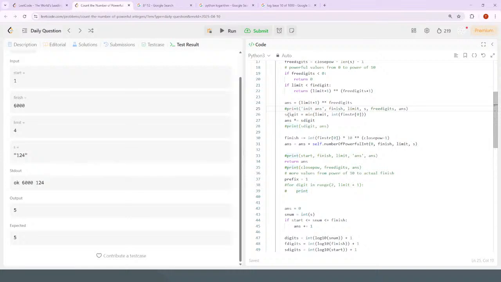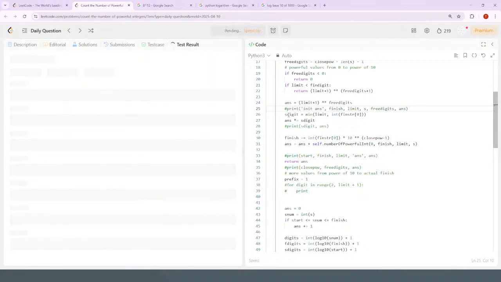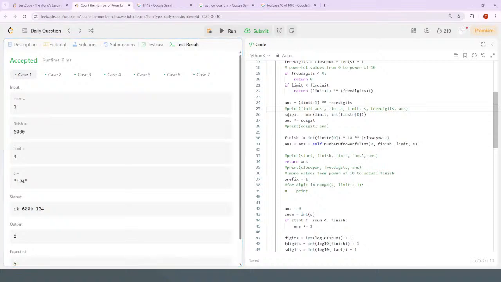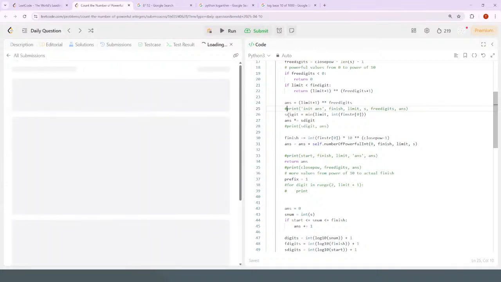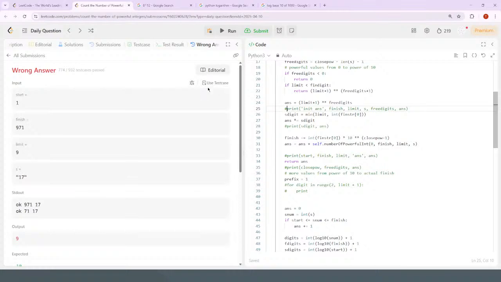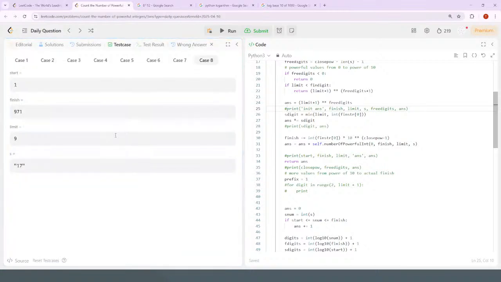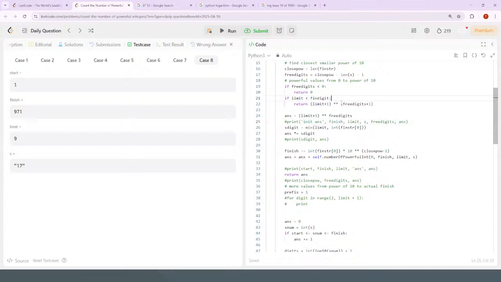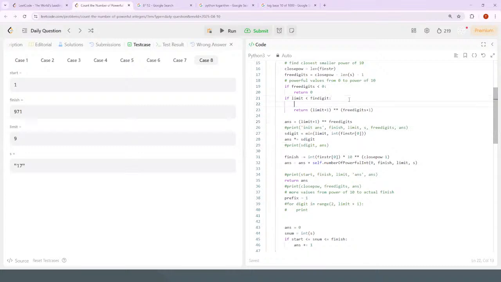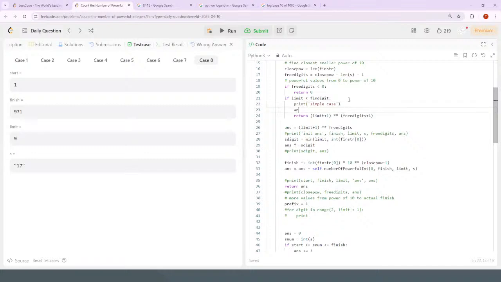Okay. Let's see what cases this fails at. Alright. Start is 1, finish is 971, limit is 17. So let's say simple case, and so the answer is equal to this.